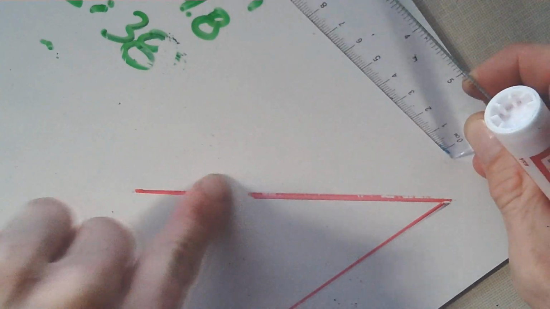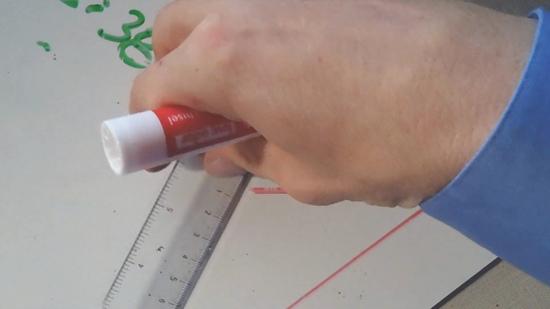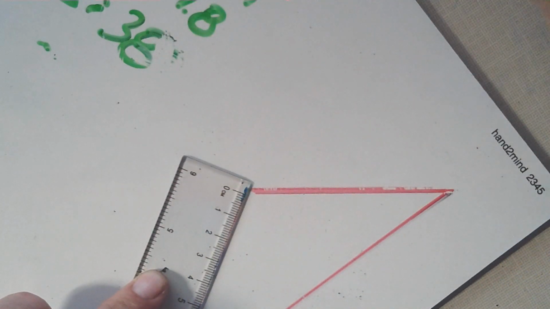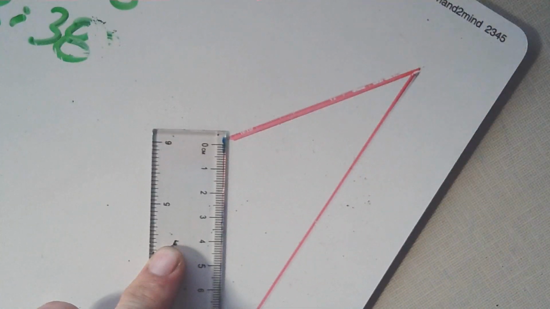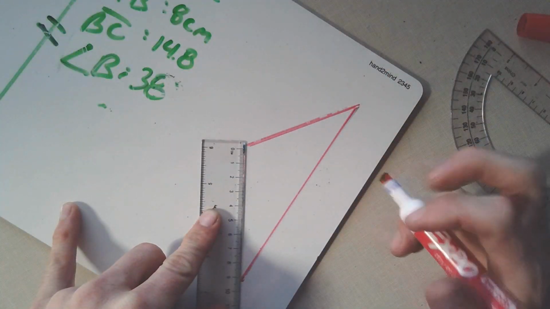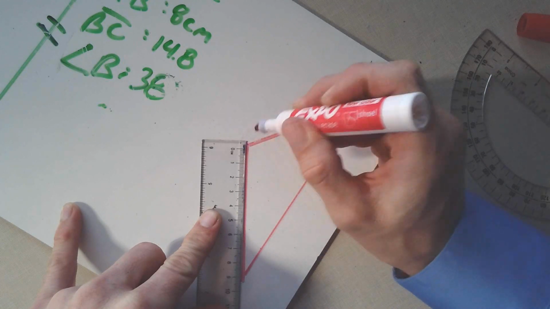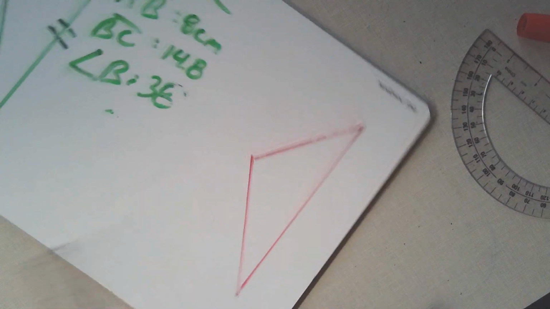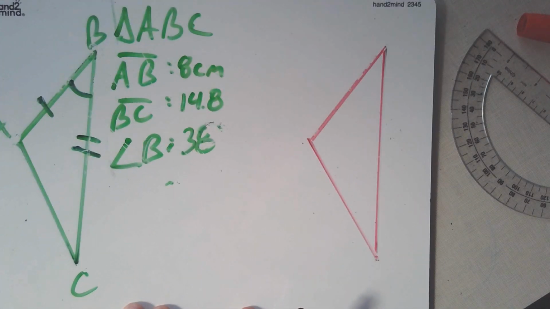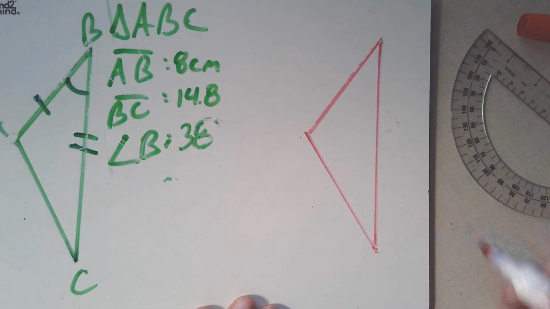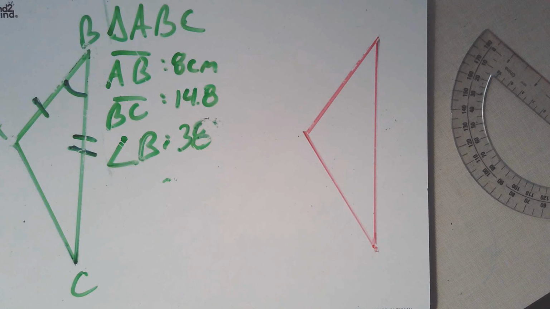And I can connect this one to this one here. And there I have my two triangles. So we'll see how close I got them. Again, they're only as good as the human hand. I've got to go get more patty paper. I should bring a whole stack in here.